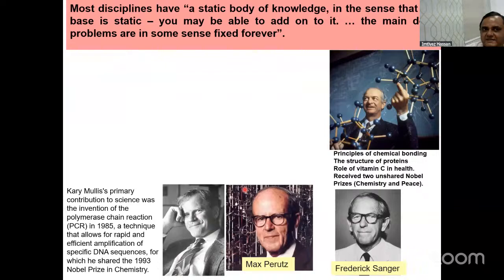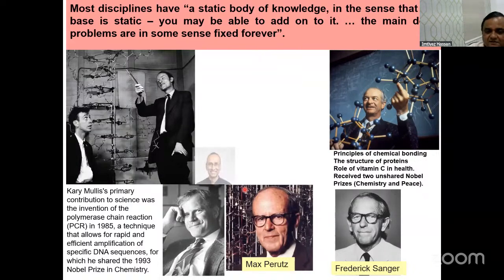I'll give you some examples of success stories. You all know Watson and Crick, because you are on a platform of bioinformatics. Watson and Crick both were physicists, and they solved the structure of DNA. A physics person understands crystallography properly, and crystallography was applied to solve the crystal structure of DNA.